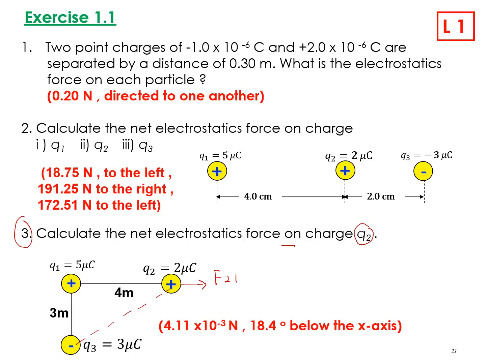You must remember that the direction of electric force is along the line joining the two charges. So this is the direction of the electric force acting on Q2 by Q3.